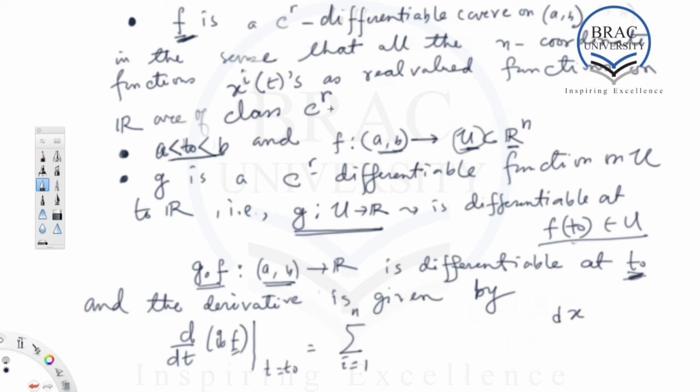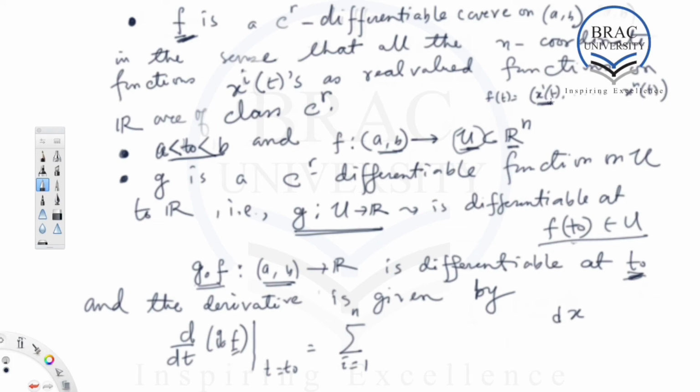Okay, now see that you write f(t) as this n-tuple (x1(t), ..., xn(t)). Each of these components, or coordinate functions, is just a function of t.